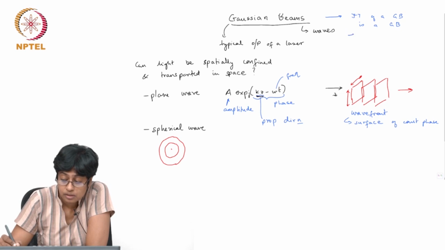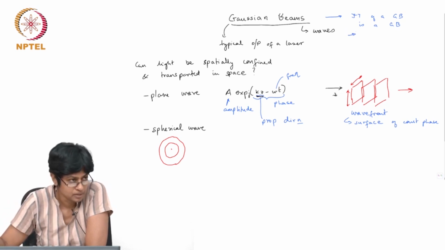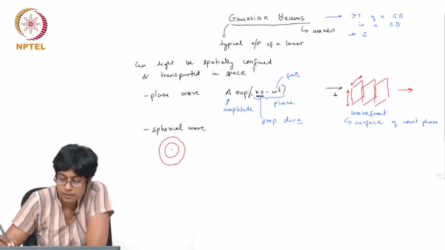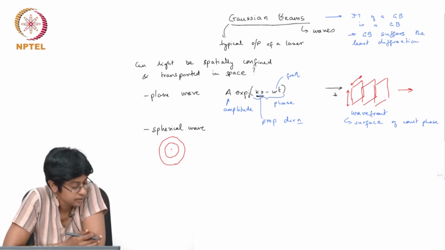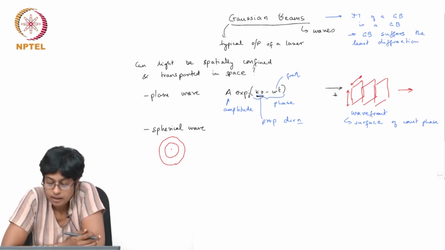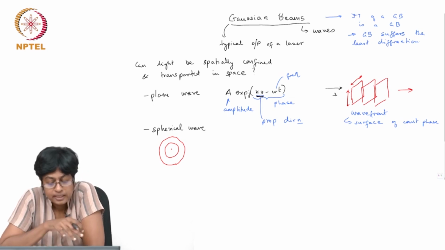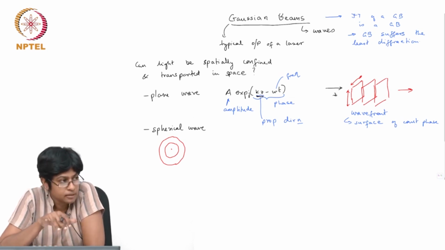It turns out that of all the different beams, the Gaussian beam suffers the least diffraction. So in addition to it being the beam that we're typically going to get as an output, it also has some nice properties that make it useful.